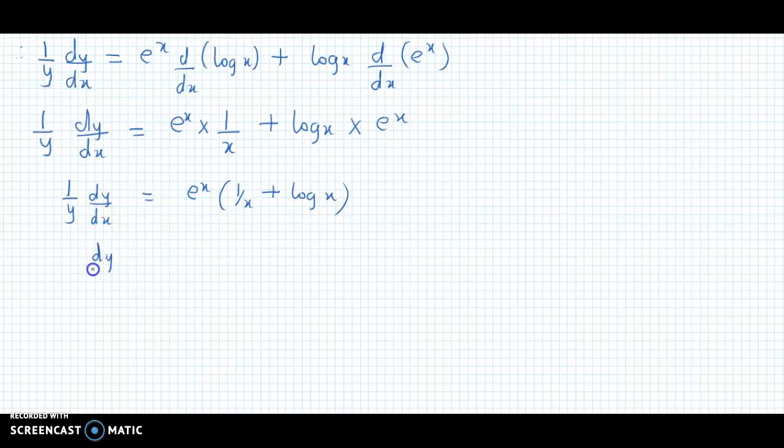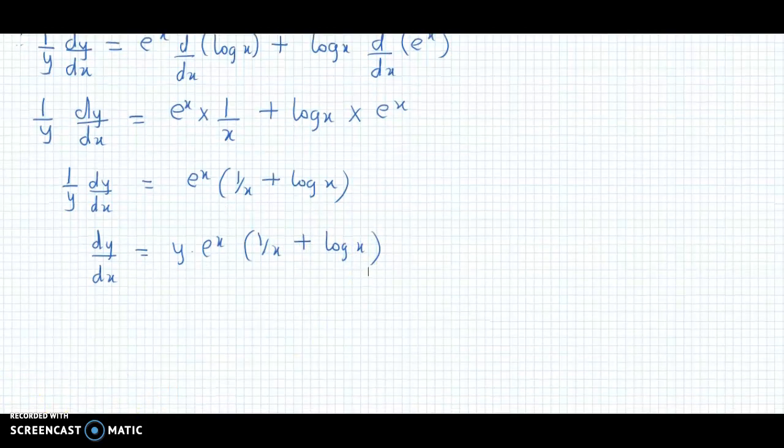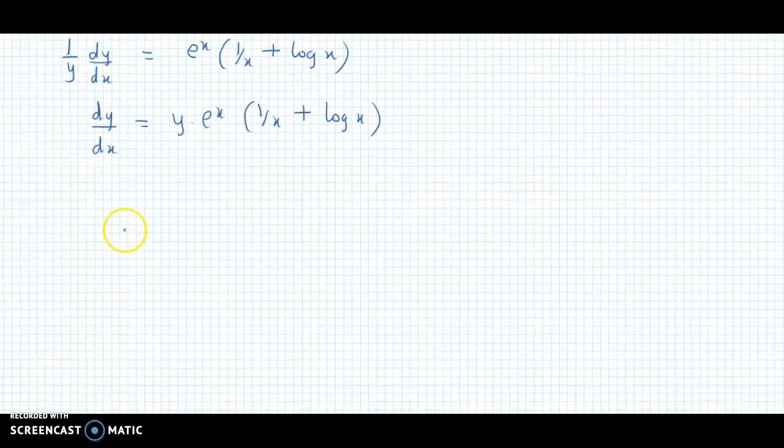So therefore, dy by dx is equal to y times e raised to x into (1 by x plus log x). But we know that y is equal to x raised to e raised to x. So we just replace that y over here.